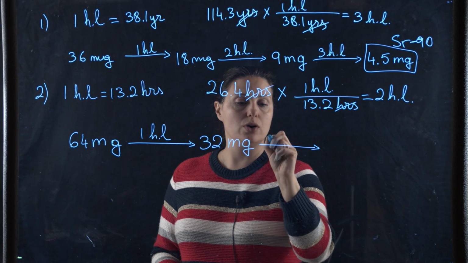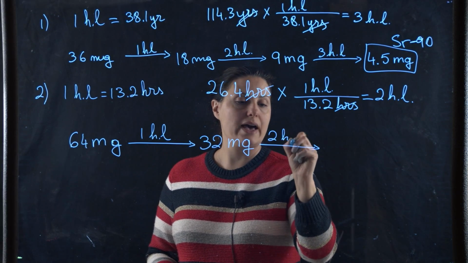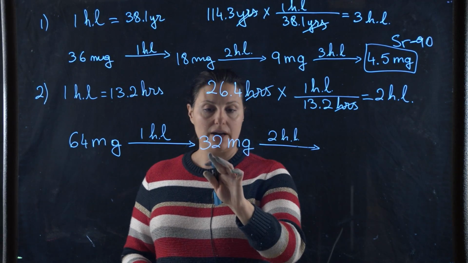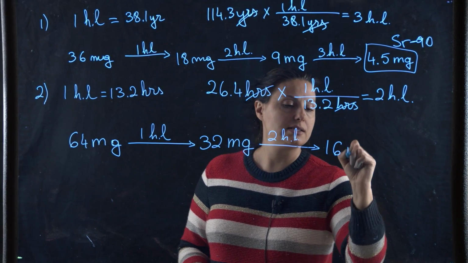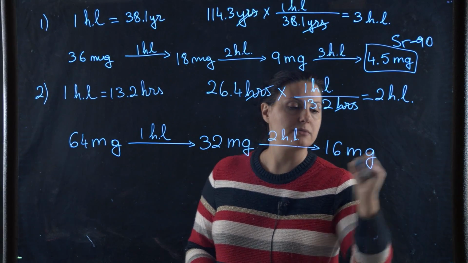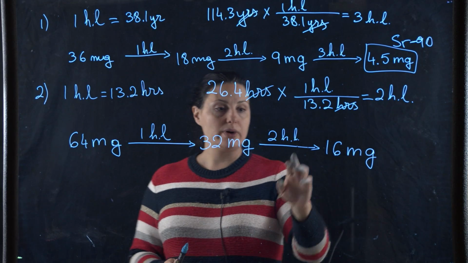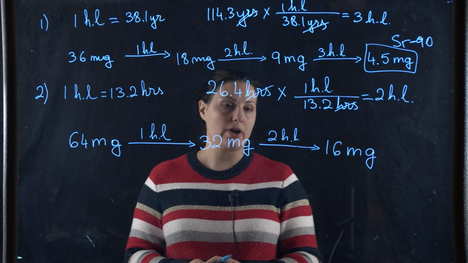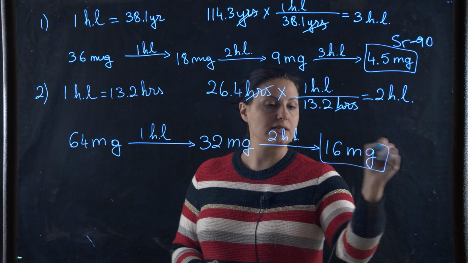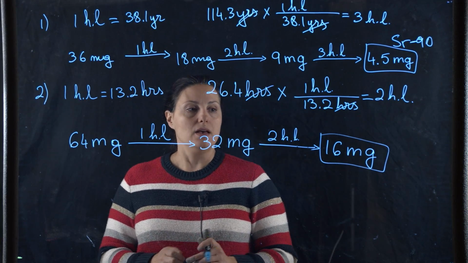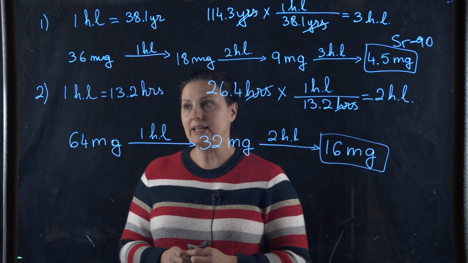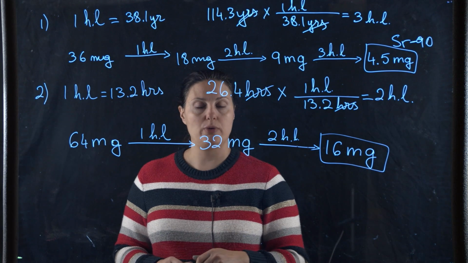So I have 1 more. So 2 half-lives, I will divide this again, and this will be 16 milligrams. And after 2 half-lives, or 26.4 hours, you will only have 16 milligrams out of that initial 64. Okay, I will erase this and then we will do the last 2 problems.